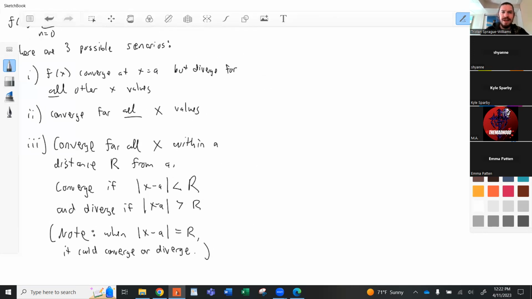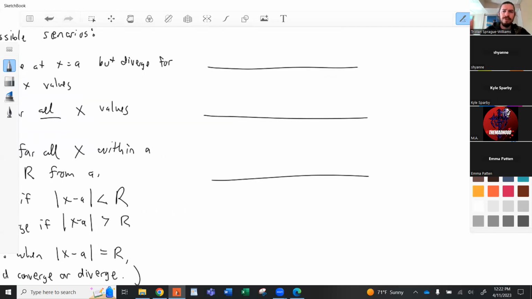So to diagram these out, we're going to draw three number lines and diagram out the three possible situations. One thing's for sure: it always converges at a.